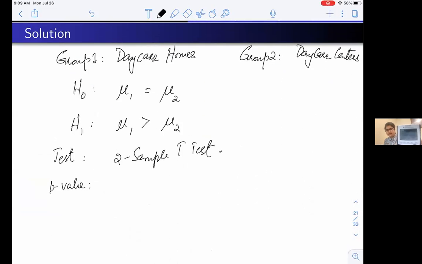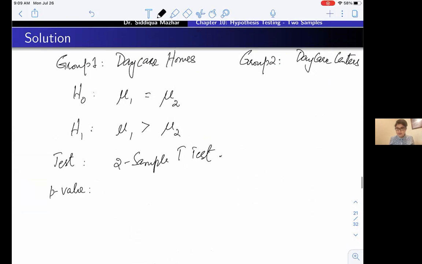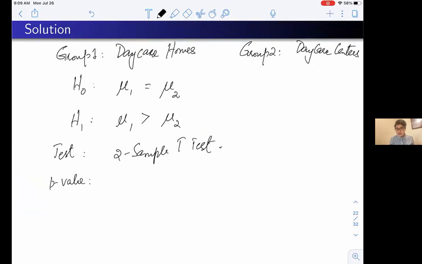Next you will see pooled, which is yes or no. Throughout, we will be using unpooled, so both standard deviations are not the same. Then you will have to calculate.